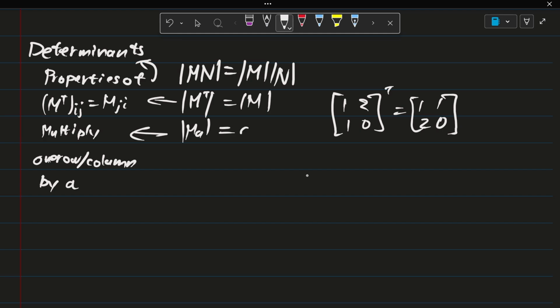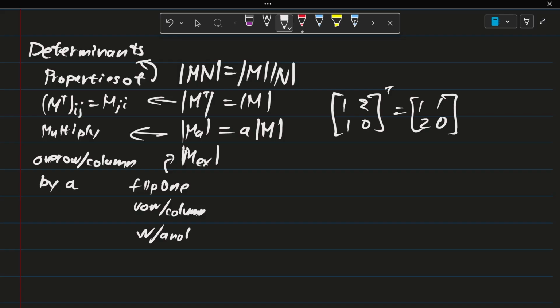It turns out that it will be a times the determinant of M. And another one is if you do an exchange, or if you flip one row or column with another, this would equal the negative of the determinant of M.